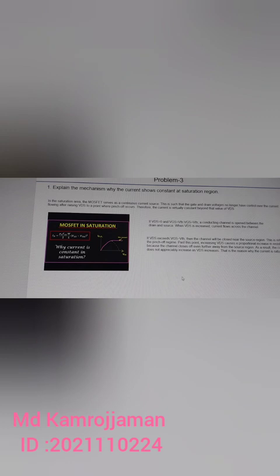If VDS exceeds VGS minus VTS, then the channel will be closed near the drain region. This is referred to as the pinch-off regime. Past this point, an increase in VDS causes a proportional increase in resistance because the channel closes off even further away from the source region. As a result, the current does not appreciably increase as VDS increases. That is the reason why the current is saturated.